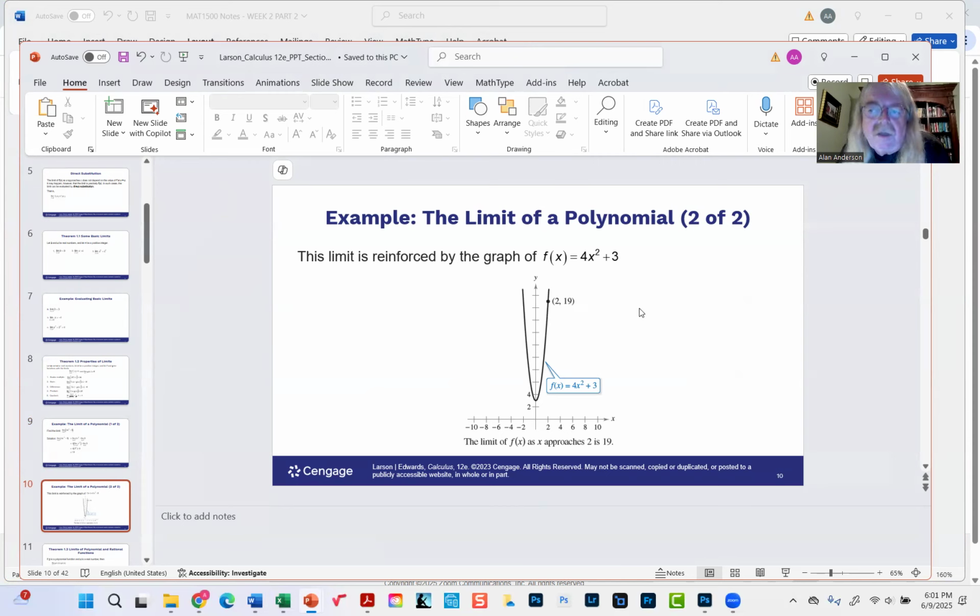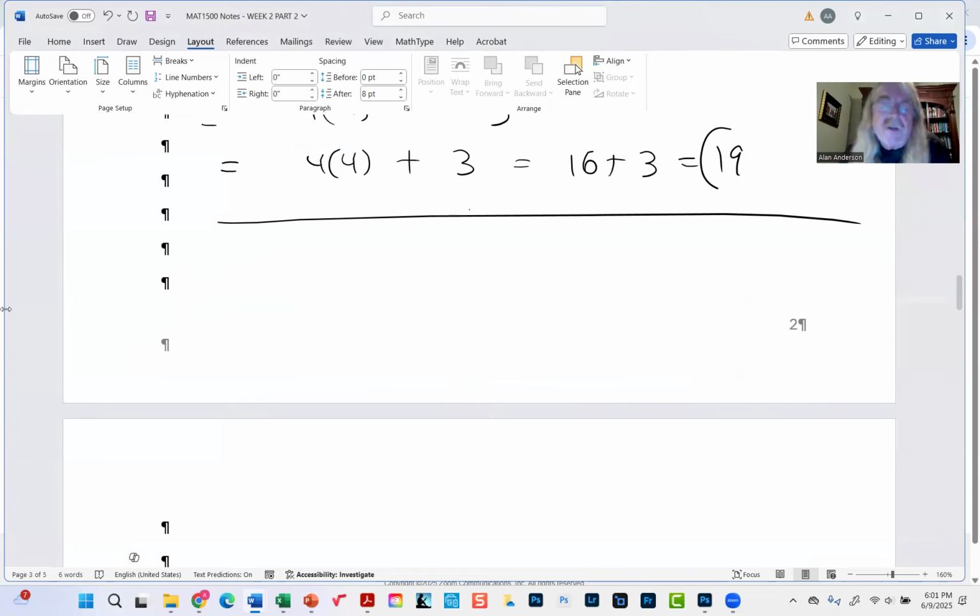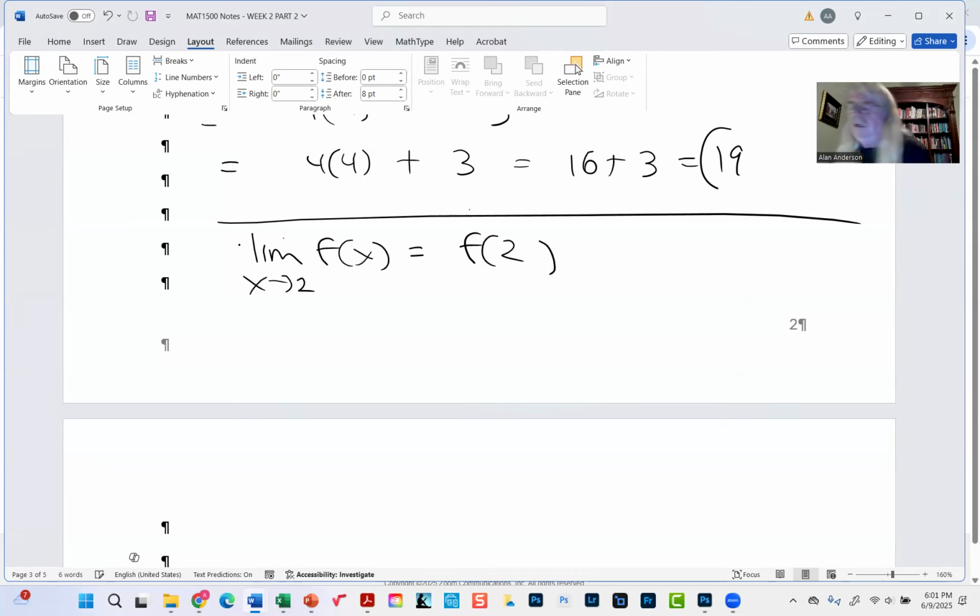Now, because this curve is smooth and continuous, at least at the point where the limit is, you notice how the limit is nothing but the function evaluated at x equals 2. Okay, in other words, this is what we mean by direct substitution.